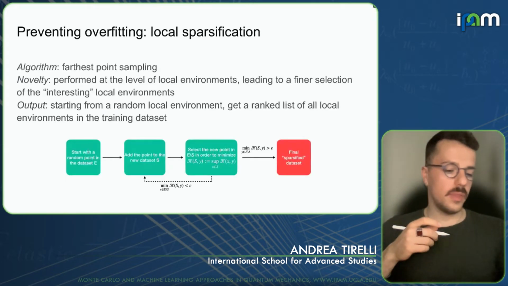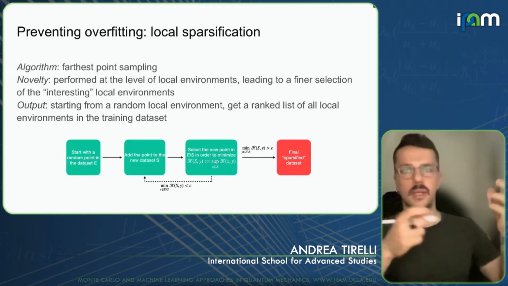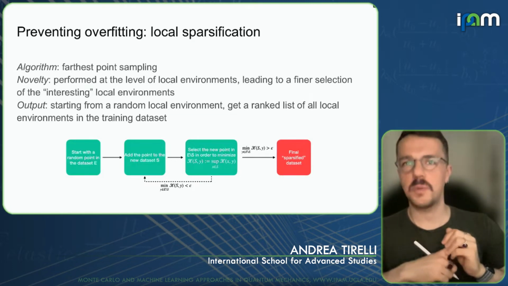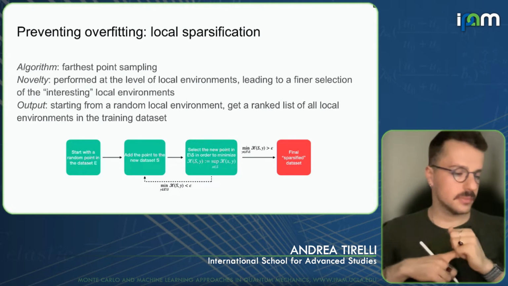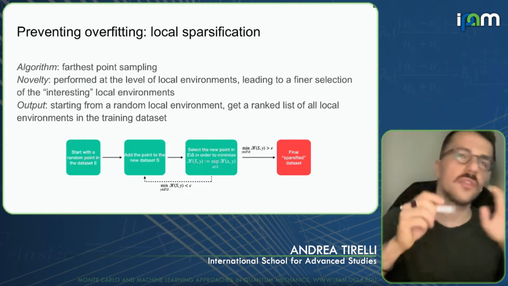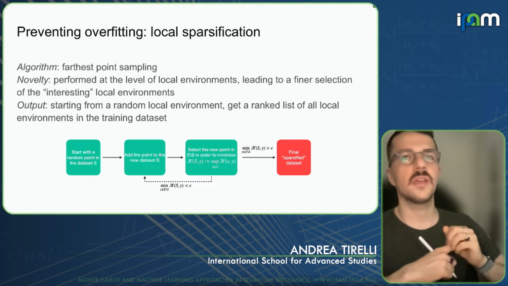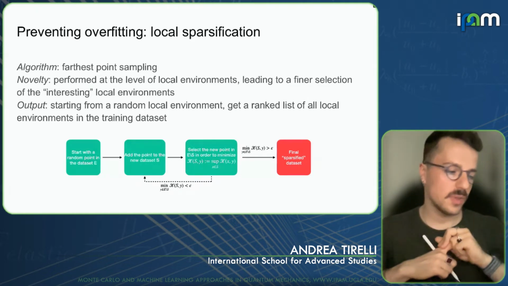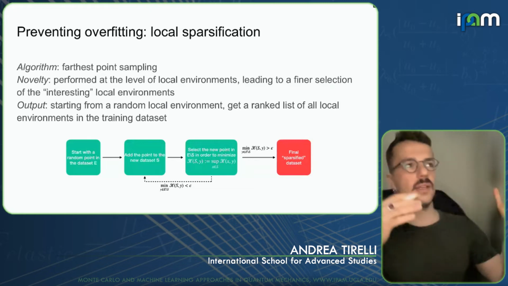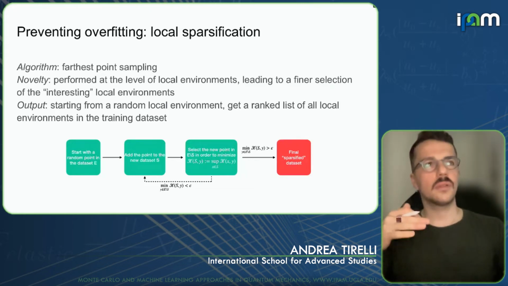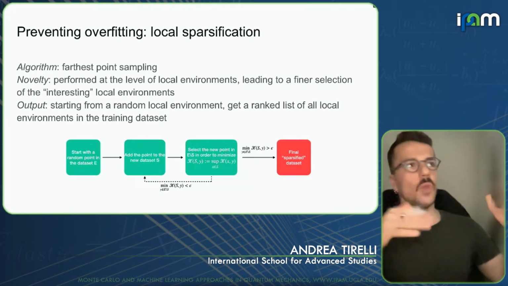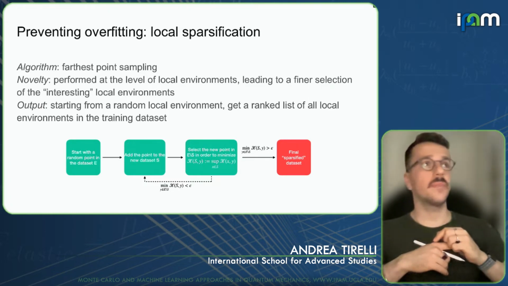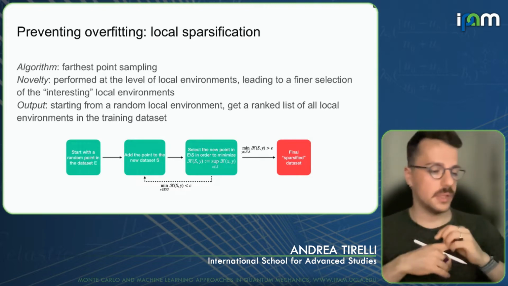And the technique that we employed, we have called it local sparsification. I don't think the sparsification term is new. We just introduced this local adjective for a reason, which I'm going to explain now. So the idea is that we want to throw out all the useless local environments. And what makes a local environment useless?